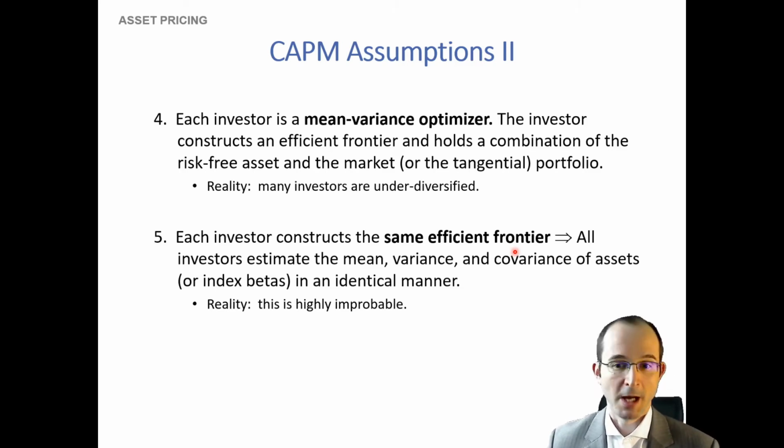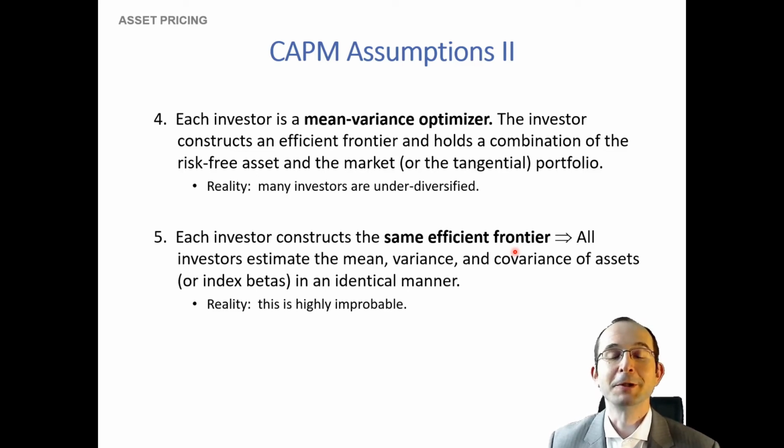This, of course, is highly improbable, just given the amount of volatility we observe in the markets and the number of different bets that go on, and even the fact that there are actually people willing to buy when other people are willing to sell, shows that people hold different beliefs.